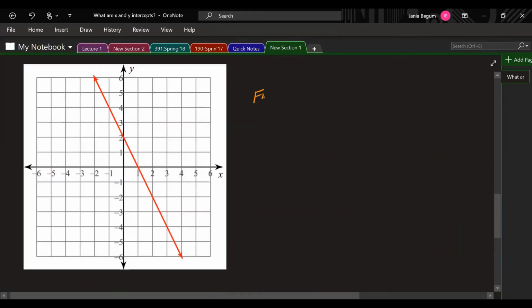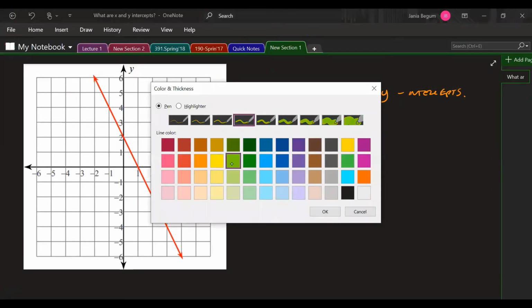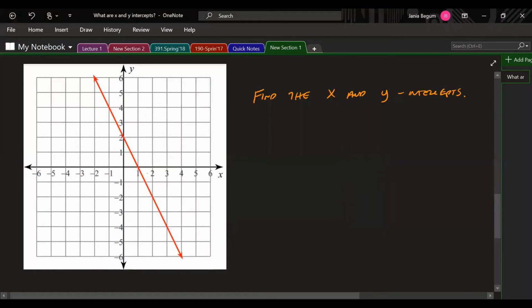We want to find the X and Y intercepts. For the X-intercept, we're going to look at the X-axis, which is the horizontal axis. By looking at this graph, we can see that it crosses the X-axis at this point, which is 1, 0. So we know by looking at the graph, our X-intercept is 1, 0.